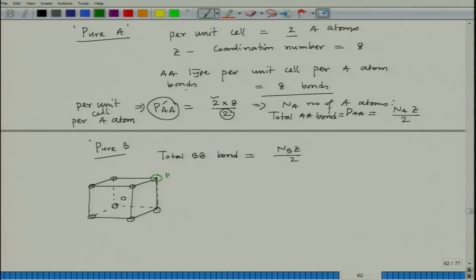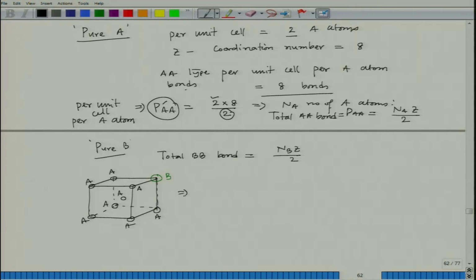So, this is B and all others are A. In that case we have a mixture of A and B atoms.